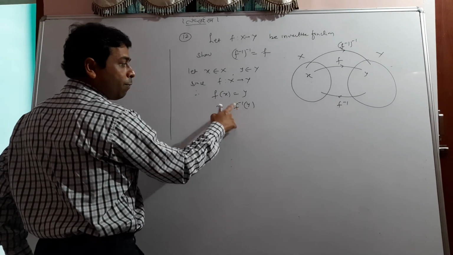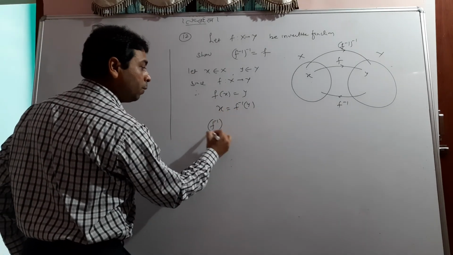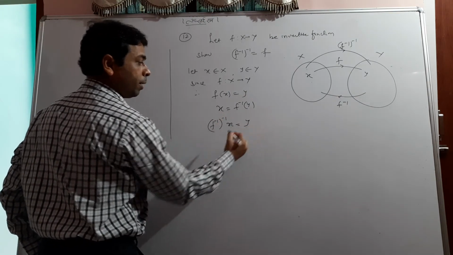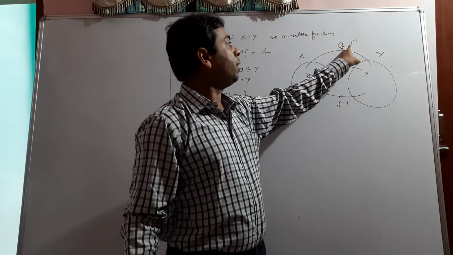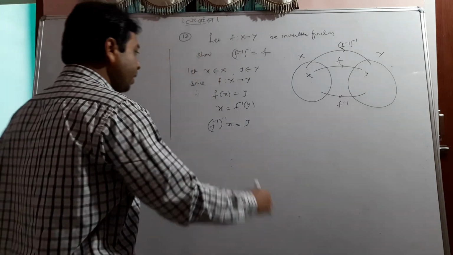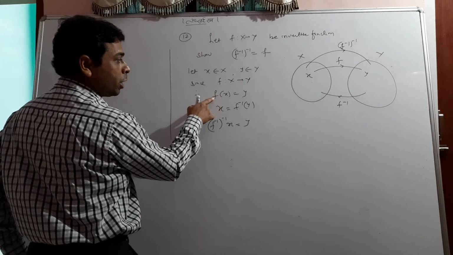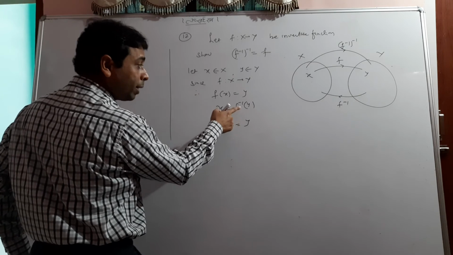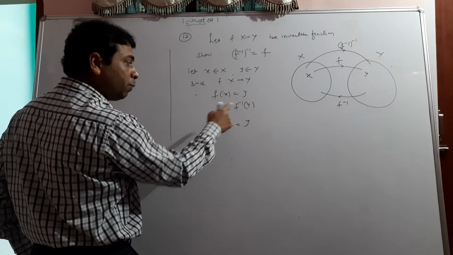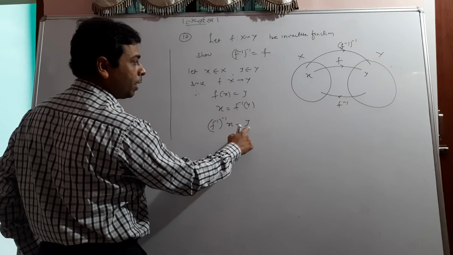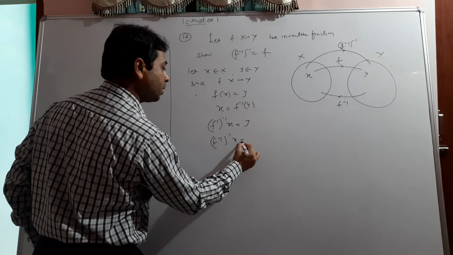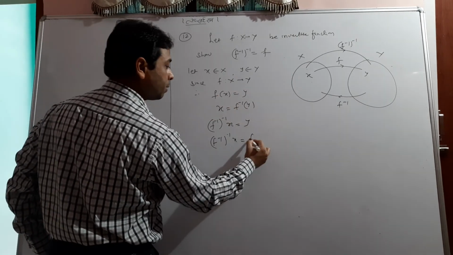If I transfer f inverse to that side, I would write inverse of inverse of x is equal to y. When I transfer f to this side, it is f inverse. When I transfer f inverse to this side, it is f. So the inverse of inverse on x is equal to y. And what is y? y is equal to f of x.